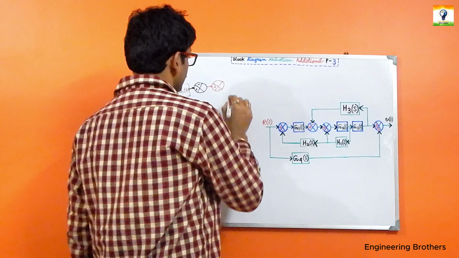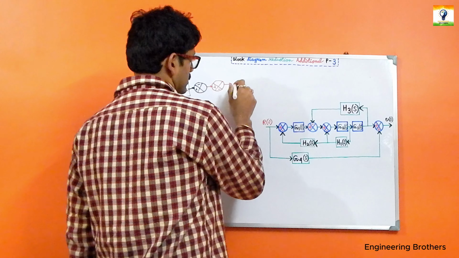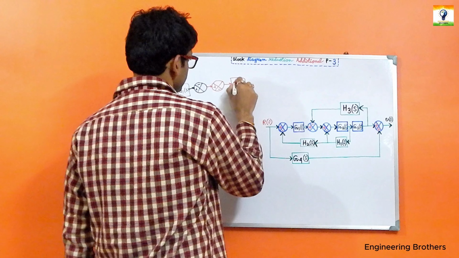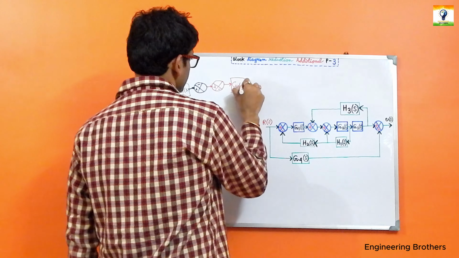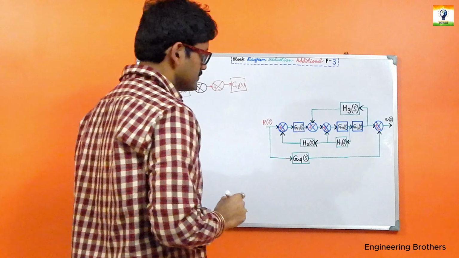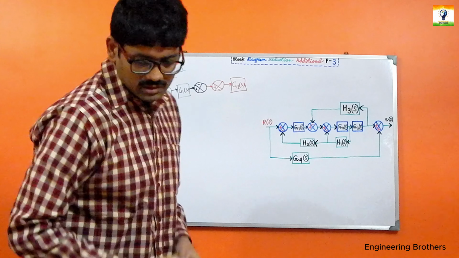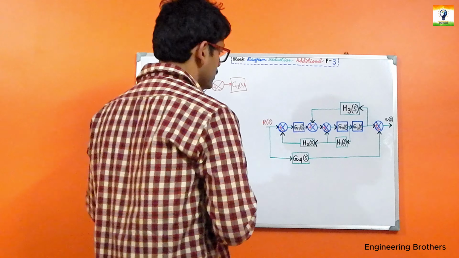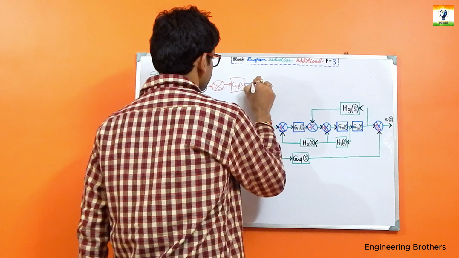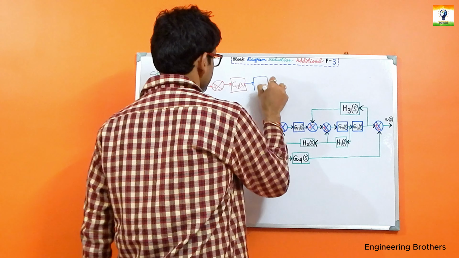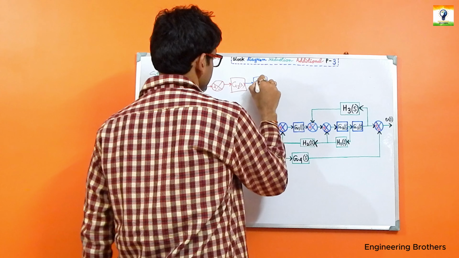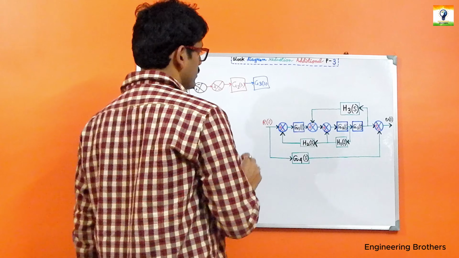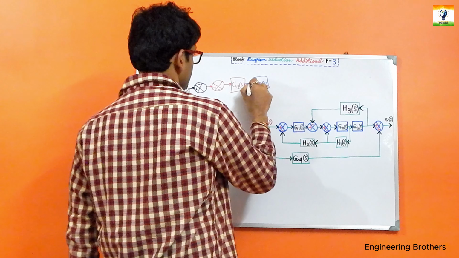Then we have G2(s), and if we move further, G3(s). In between G2(s) and G3(s), we have H1(s).